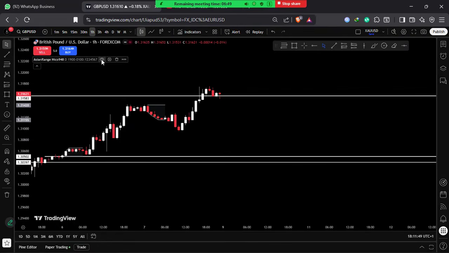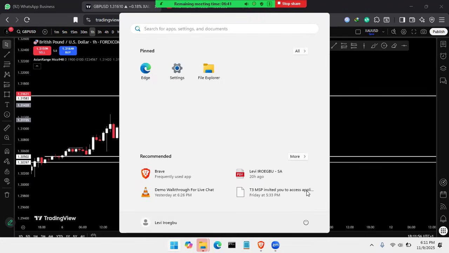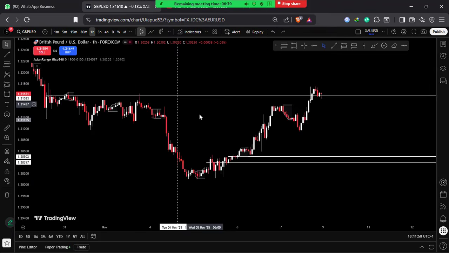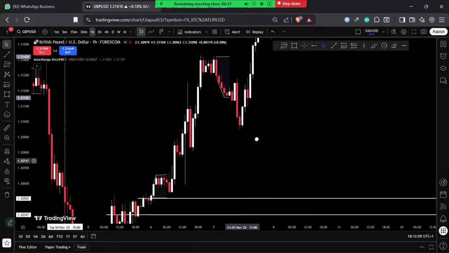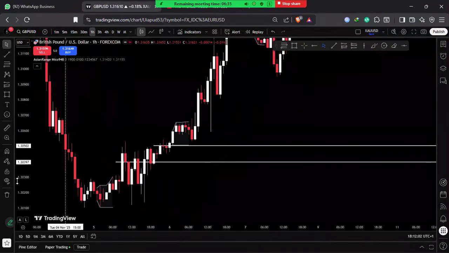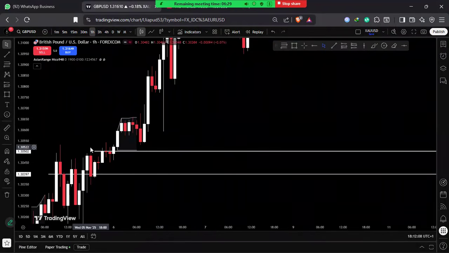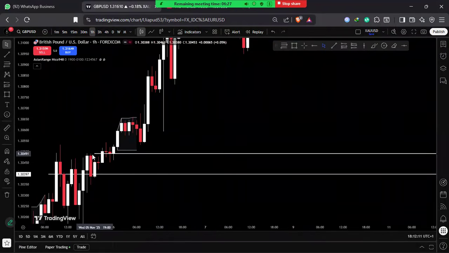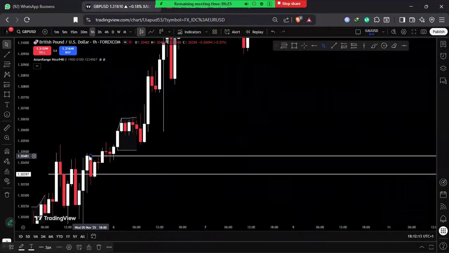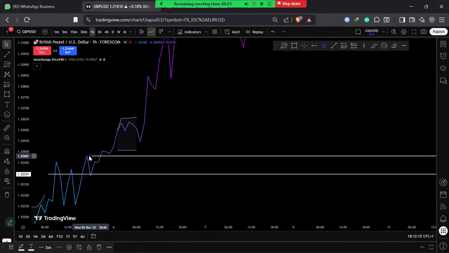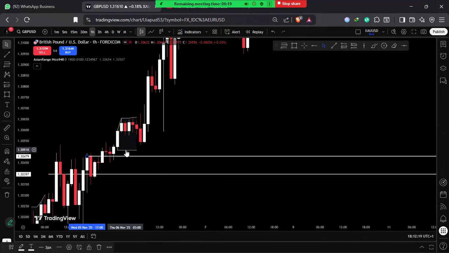Then I could turn on my Asian indicators, and they can also serve as liquidity zones for me. For this area here, I could refine the key level to this level here and expect this guy to be taken out.